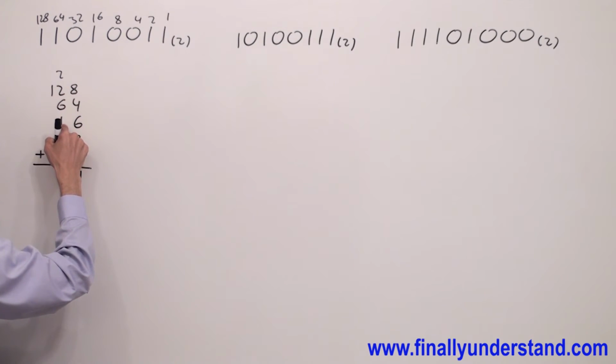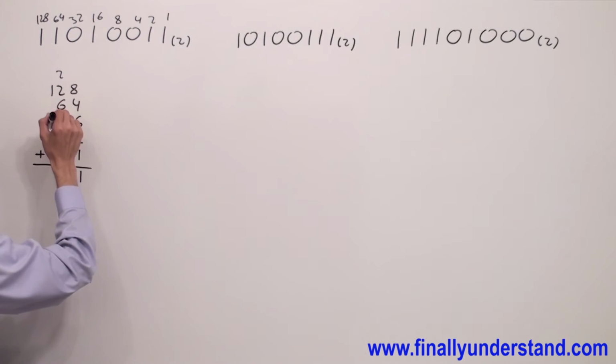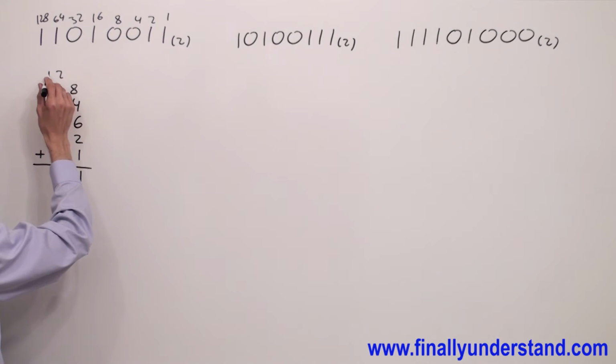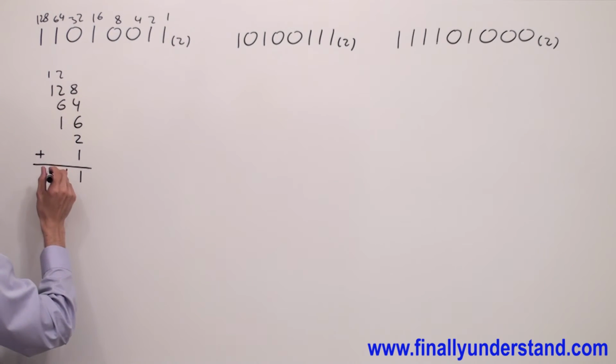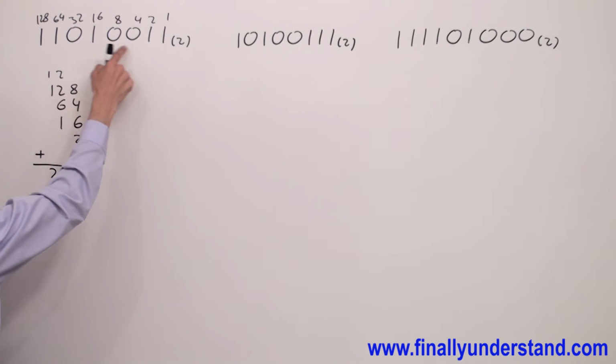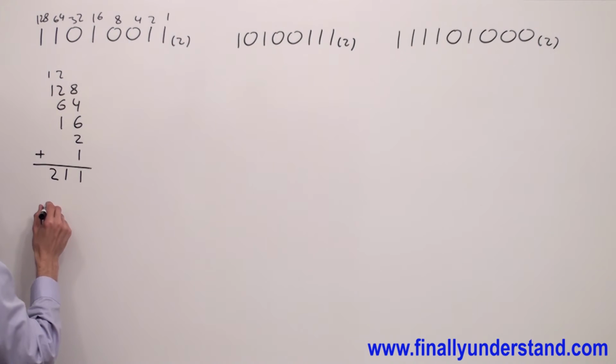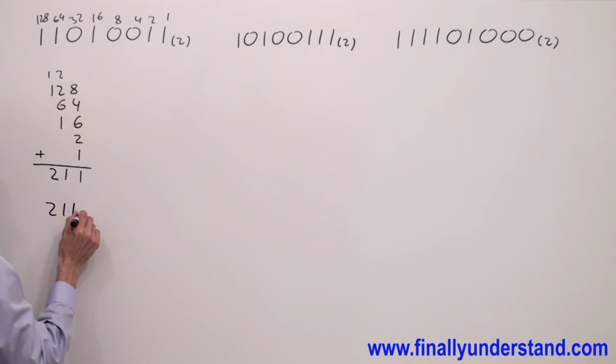Plus 1 is 11. And carry 1. 1 plus 1 is equal to. So this binary number is equivalent to the decimal 211.